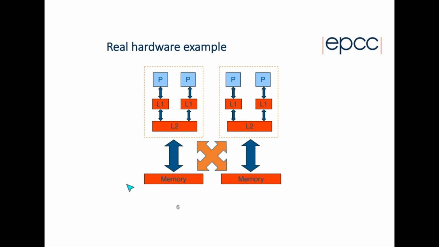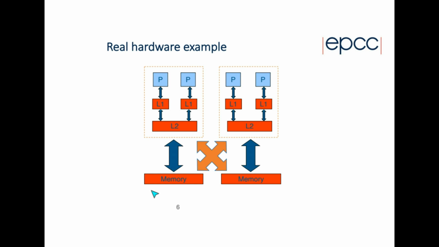So this is typically different chips in a system. We often build nodes of large supercomputers using more than one chip. At the moment, the magic number for almost all system designs is 2.